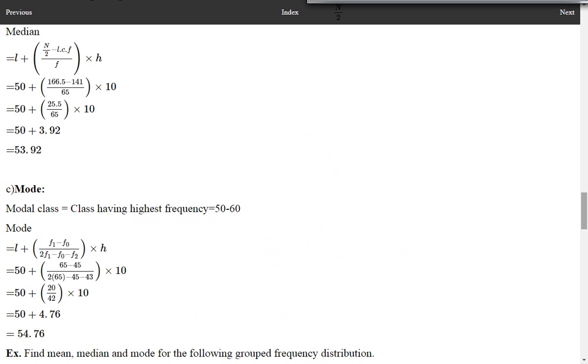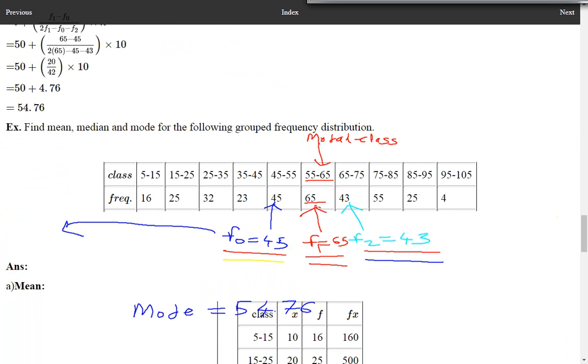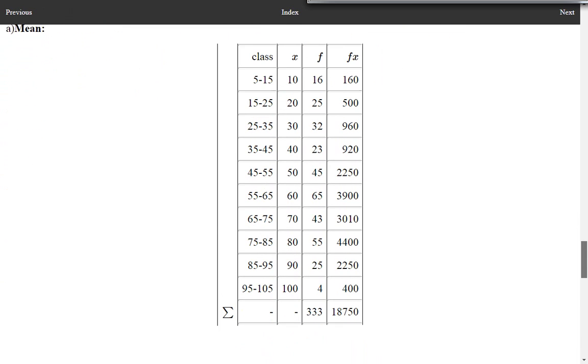For practice, I have given you another example. It is again an example of a group frequency distribution. So classes are given and their frequencies. Mean, median and mode are found in the same way as we have done for the earlier example.